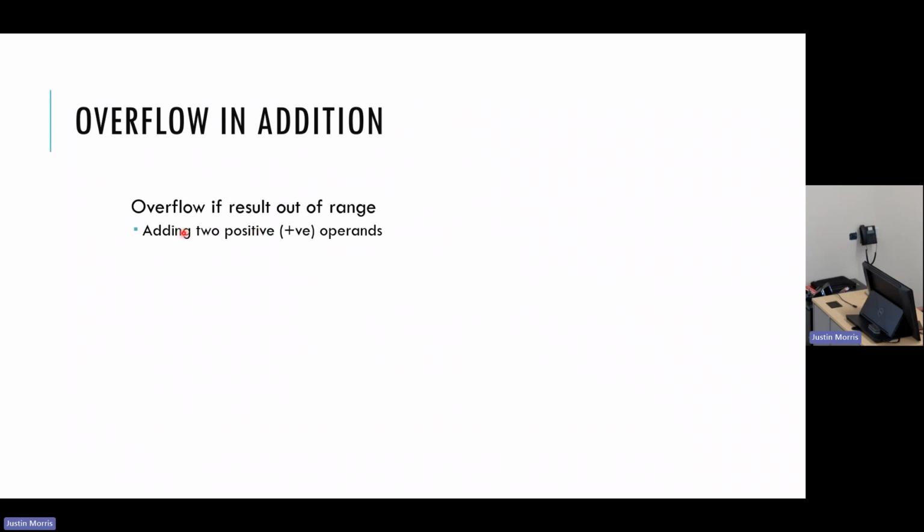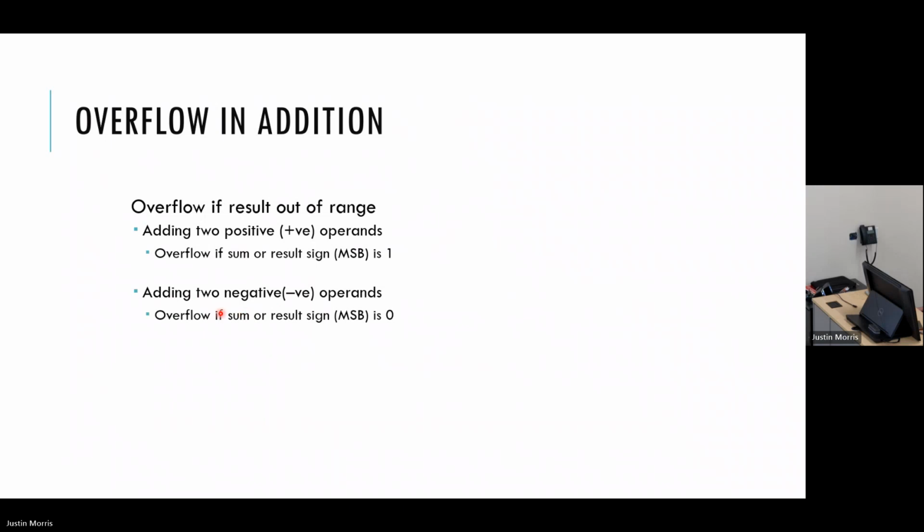But just before we get to that, overflow is if the result is out of the range of your possible representations. So it can occur when you're adding 2 positive numbers. It can occur, so this is overflow if the sum or the resulting sign, the most significant bit, is 1. You can have overflow when you're adding 2 negative numbers. So the overflow or the sum or result sign becomes 0.